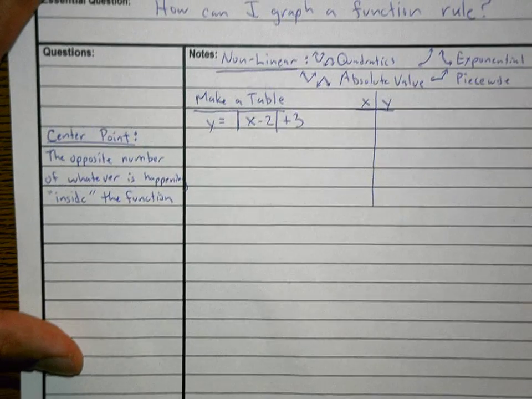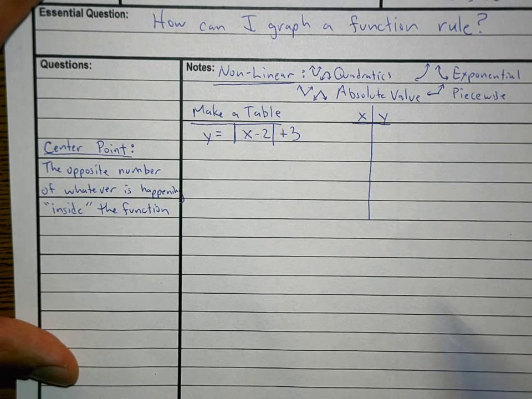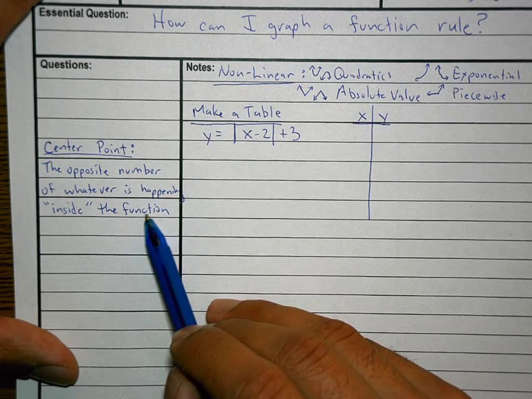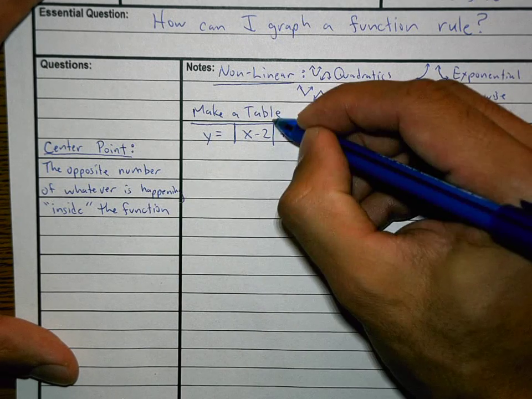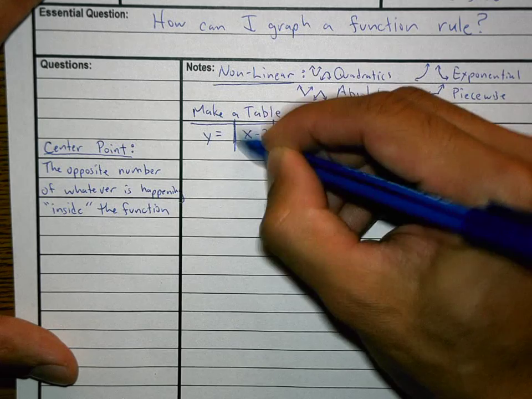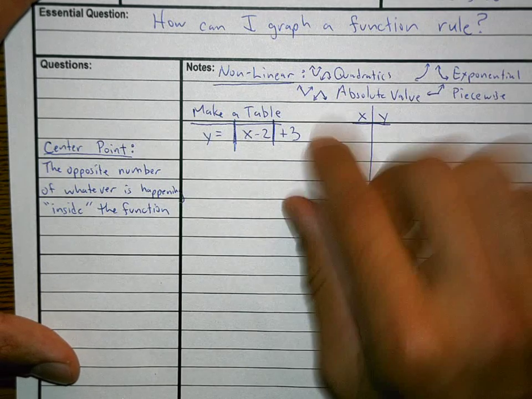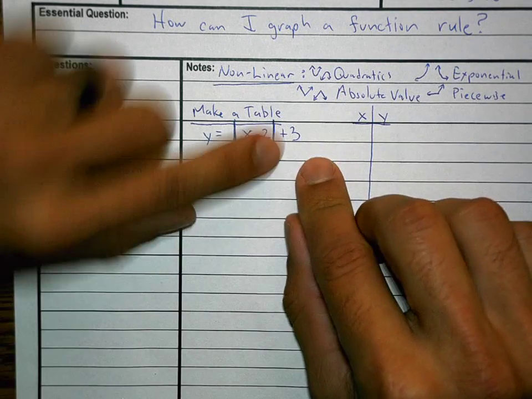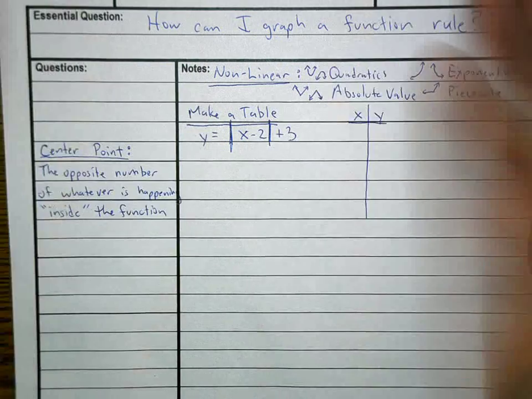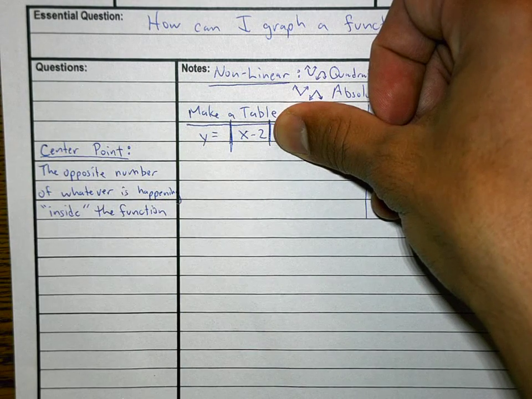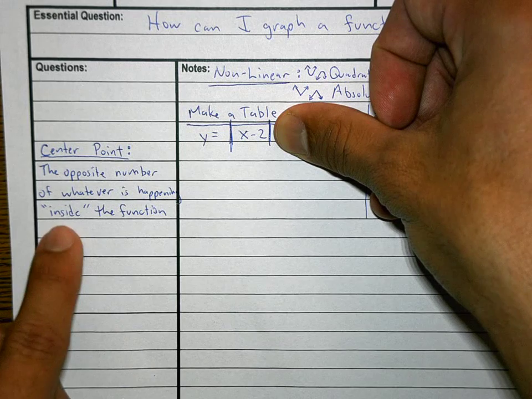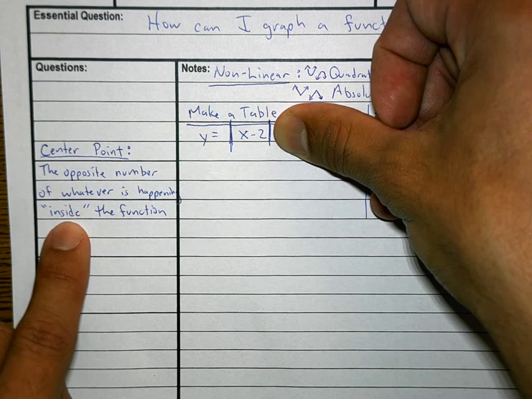In this example that I have here, the function is the absolute value function because I have these absolute value bars right there. And so if I'm looking at this, 3 is outside of the absolute value function. I can ignore it because it's not inside the function.